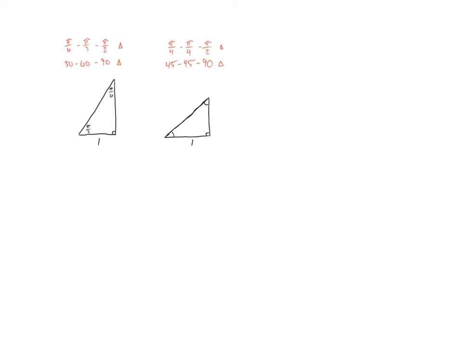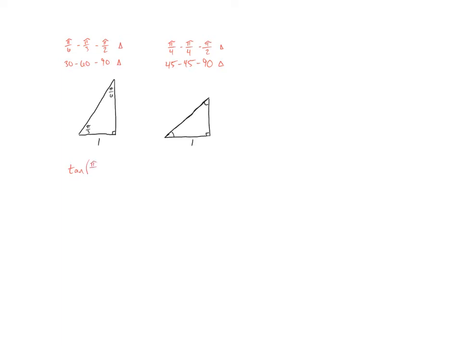Okay, so what we'll do here is we'll say that I know this pi over 3 angle here, and I know the adjacent side. So let's try to find the opposite side, right? And I have a function that incorporates the opposite and adjacent sides of a triangle, and that is tangent.